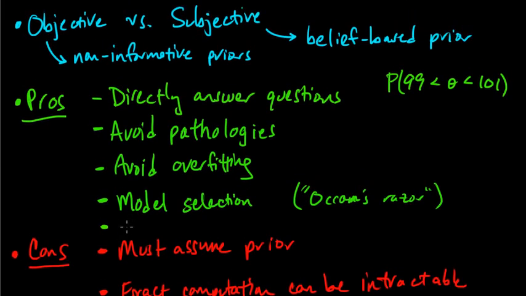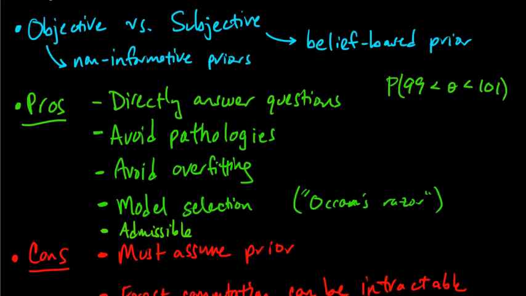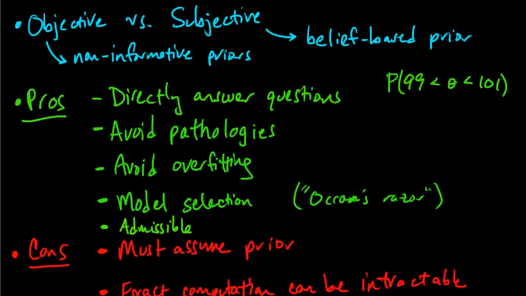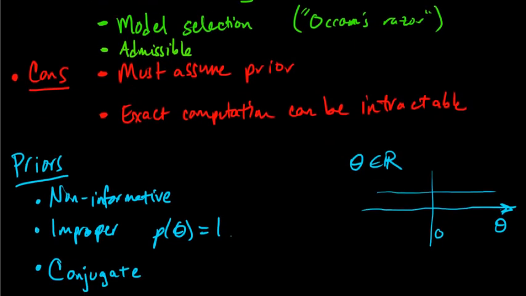And Bayesian procedures are oftentimes admissible. Admissibility, without going into the details, roughly means that there's no other procedure which is always better in some sense. So it's not necessarily always the best, but there's not another one that's uniformly better. That's what they call admissible. All right, so that's the broad outline of aspects of Bayesian inference, some pros and cons, and some priors.